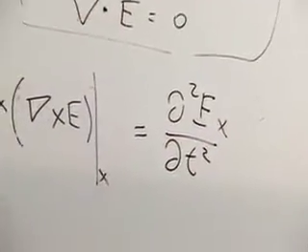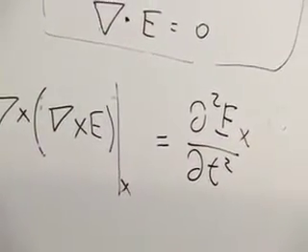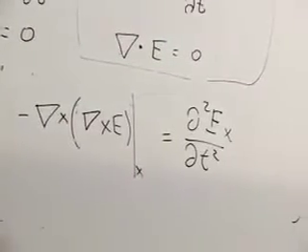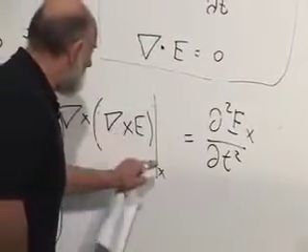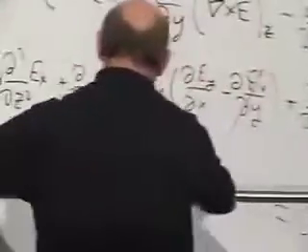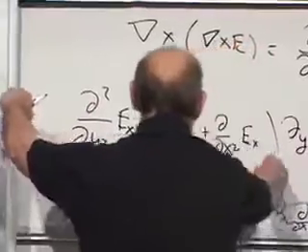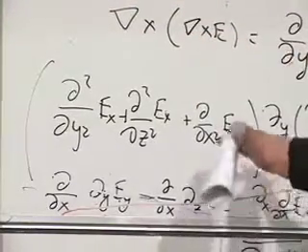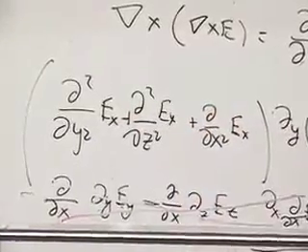The second derivative with respect to t squared of Ex is minus del cross E, the x component of it. And that's exactly what we computed over here. That long, tedious computation just gave us a left-hand side.